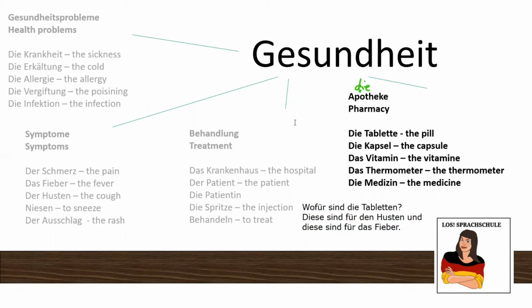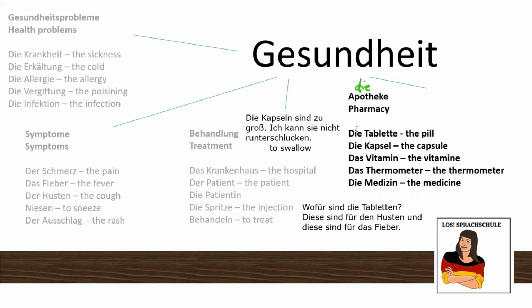Let's say this sentence because I think it's useful, especially if you have children and stuff. Die Kapseln sind zu groß. Ich kann sie nicht runterschlucken. The capsules are too big. I cannot swallow them down. So, to swallow medicine, you use this verb here, runterschlucken.